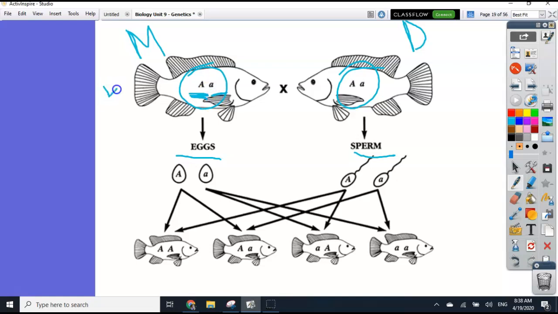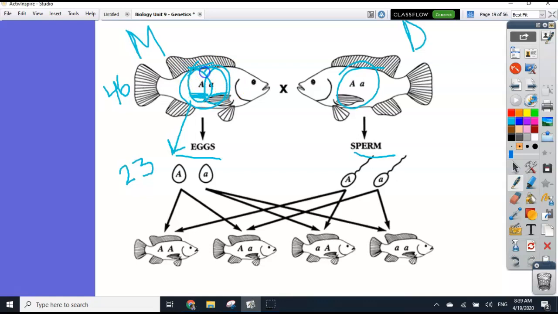If you remember back to meiosis, we said we start with 46, but we make eggs and sperm that only have half the number of chromosomes. So what happens is this fish is only going to pass down half of her chromosomes into each egg and into each sperm. Well, which letter is going to get passed down?